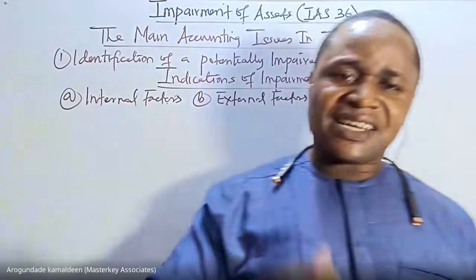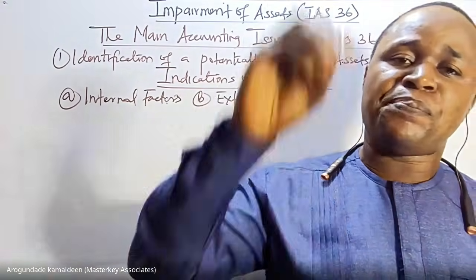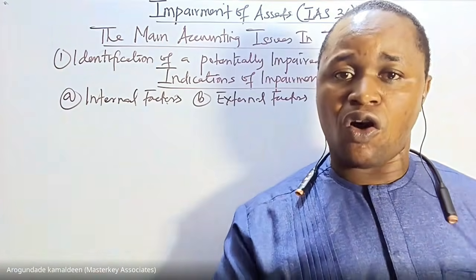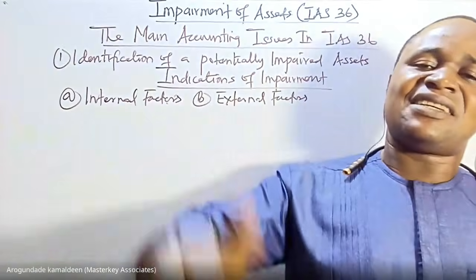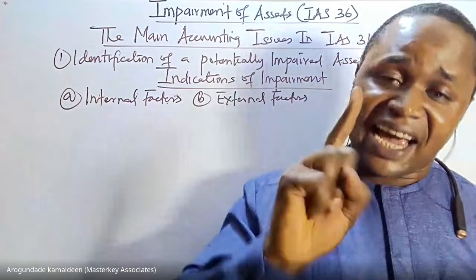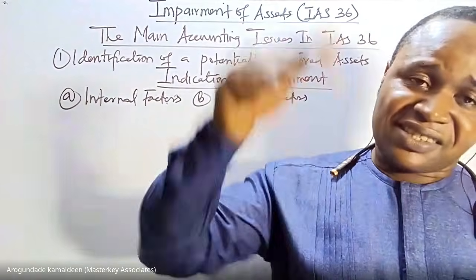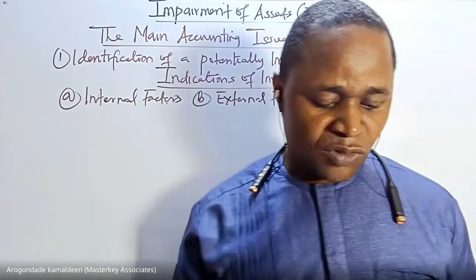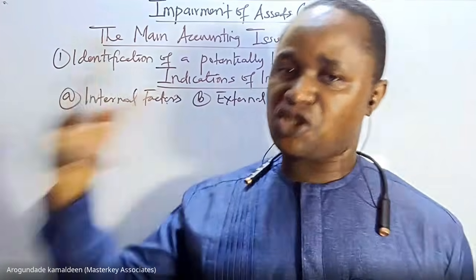Now, what are the two assets that must be tested for impairment every year, whether there is a sign of impairment or not? Please be with me here. IAS 36 says that even if there is no sign of impairment, as an organization, you must test these two assets for impairment annually. Number one, goodwill acquired in a business combination.